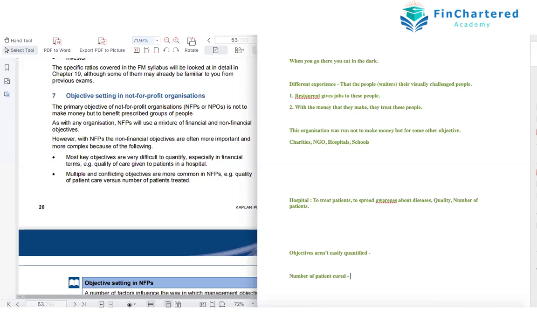If the number is high, performance is good. But what if everybody is in coma? Yes, you're curing them, but they're obviously not leaving the hospital. So how do you measure? They're all in coma, nobody is leaving.